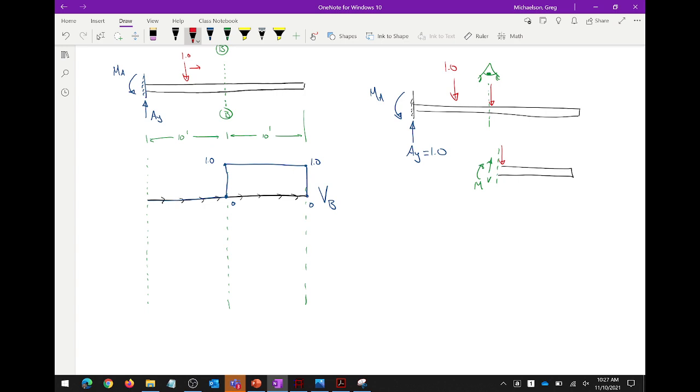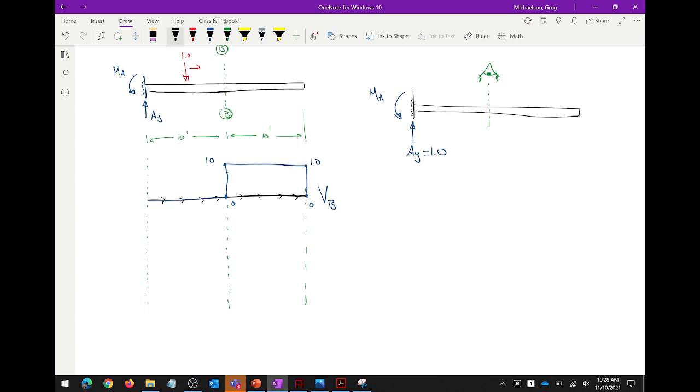Not only does it make sense from a rules standpoint, but it makes sense from a static standpoint. What do you think? All right.